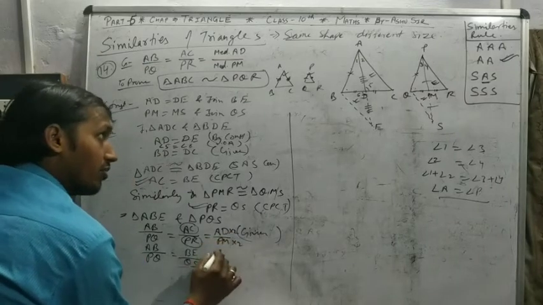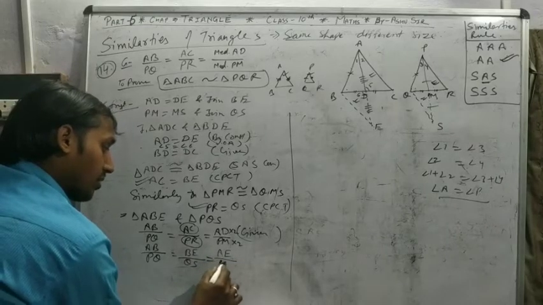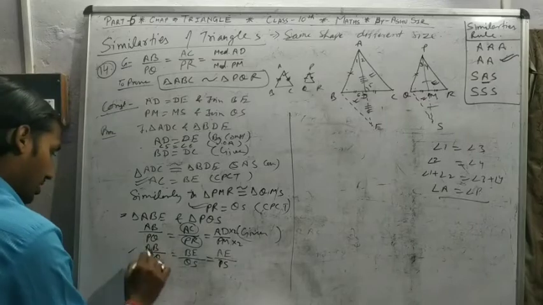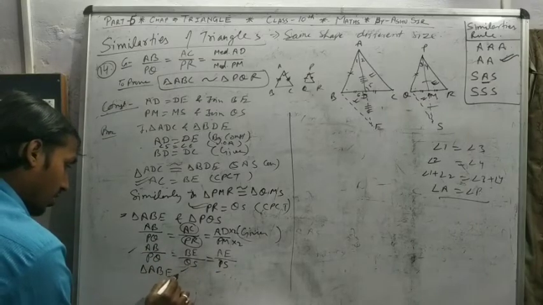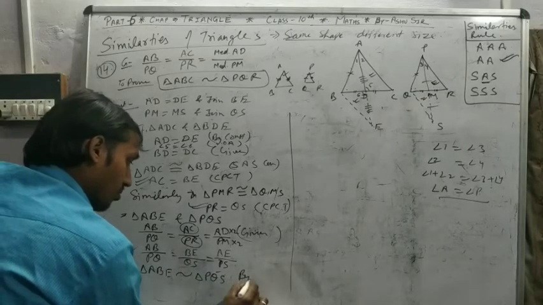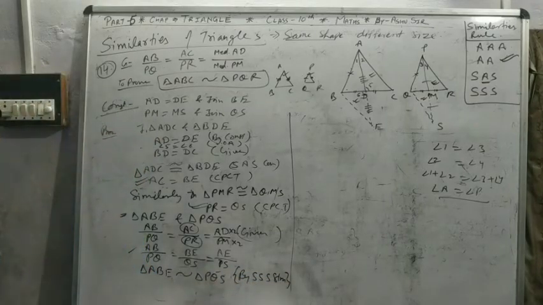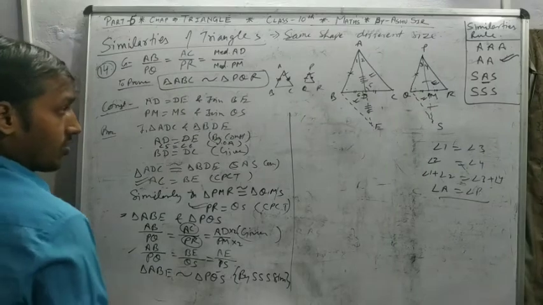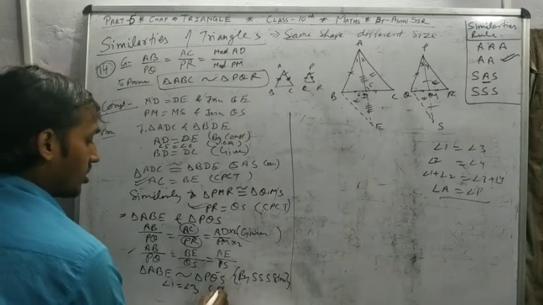So twice AD we make AE, and twice PM we make PS. Side, side, side. Triangle ABE is similar to triangle PQS by SSS similarity. Then angle 1 is equal to angle 3 by CPST.